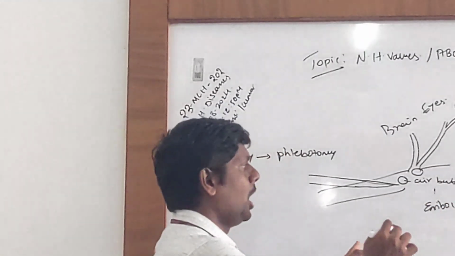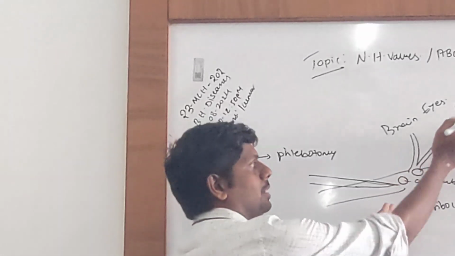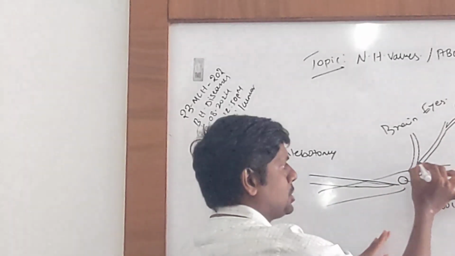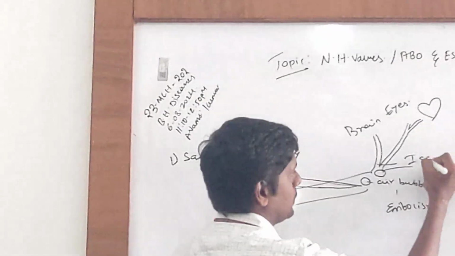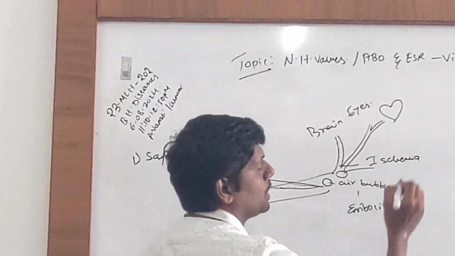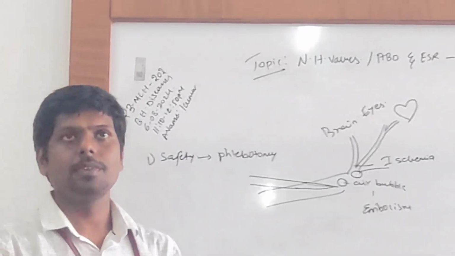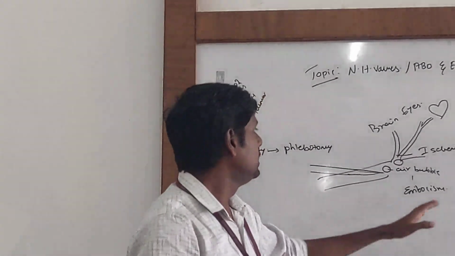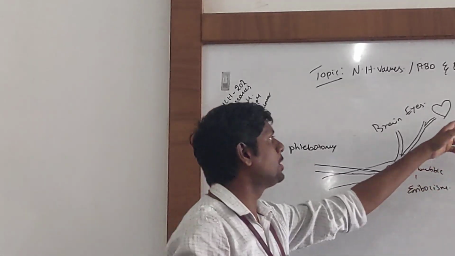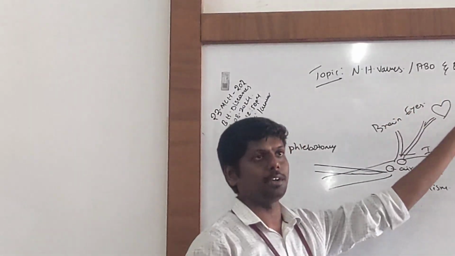Okay. Now, once the blood stopped to this blood vessel, that stoppage of blood is called ischemia. Lack of blood supply to any tissue is called ischemia, and ischemia leads to death of the corresponding tissue.